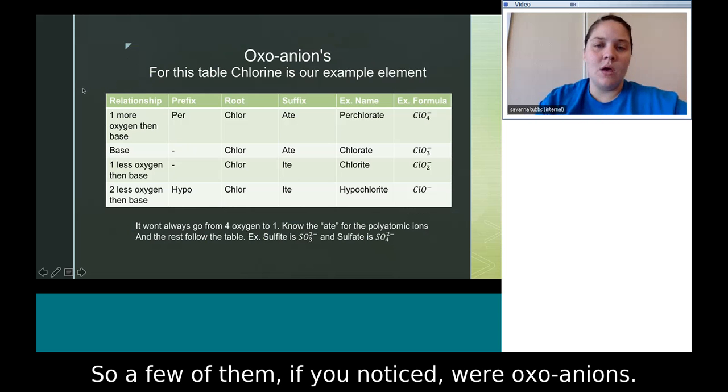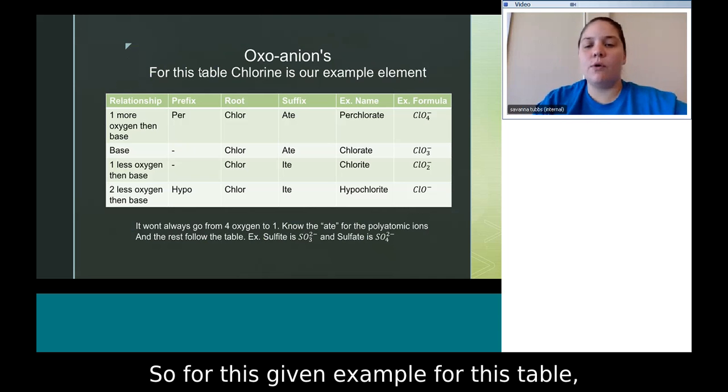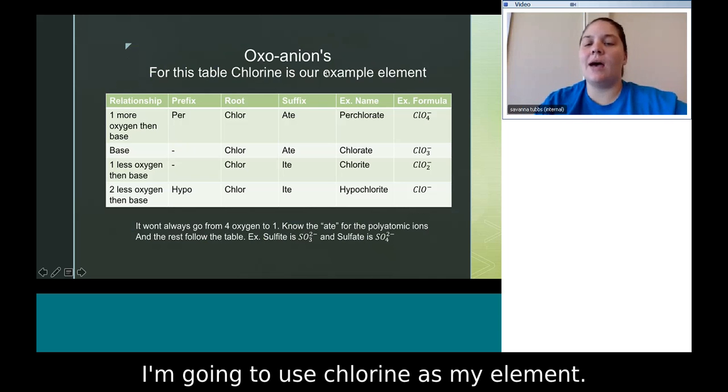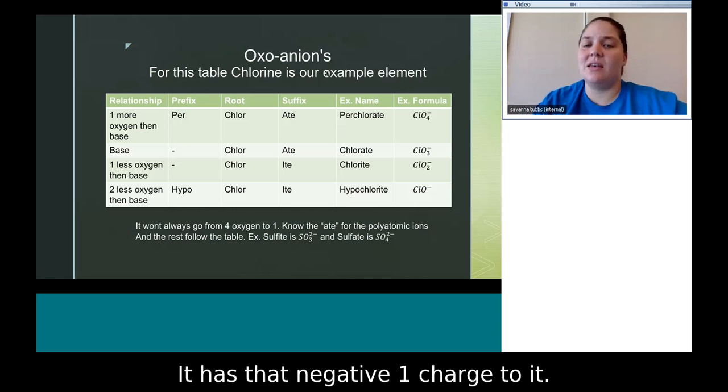A few of them you noticed were oxoanions. So they're anions that have an oxygen attached. For this example or this table, I'm going to use chlorine as my element. Chlorine is an anion. It has that -1 charge to it.